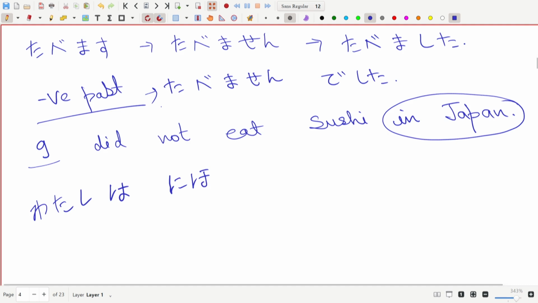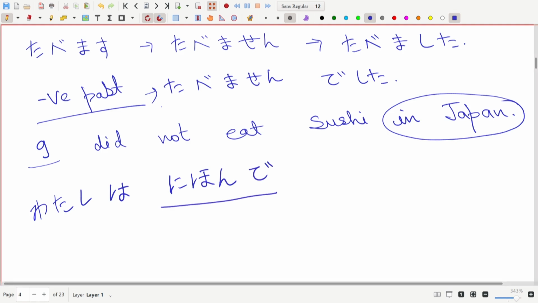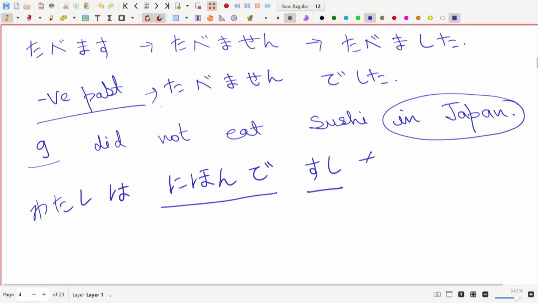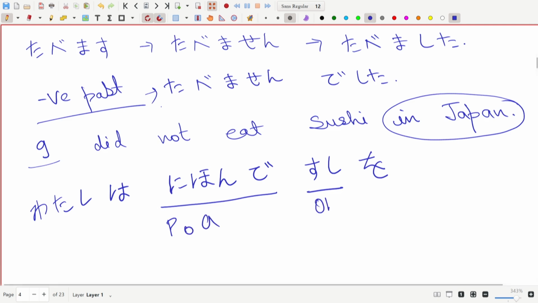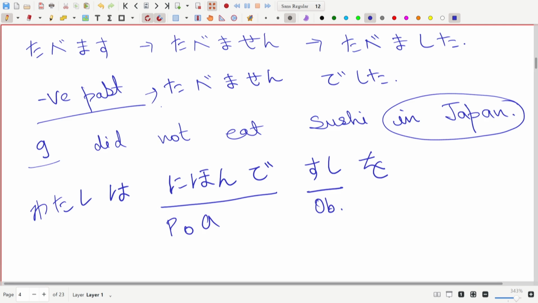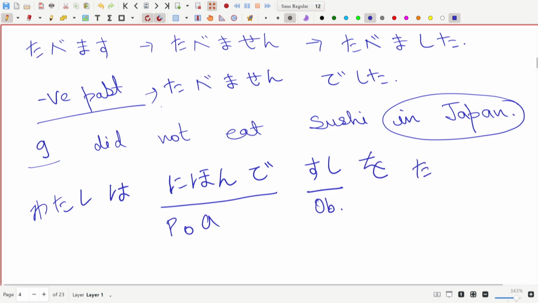Nihon, place of action, particle de. Watashi wa Nihon de sushi. Object, object particle o. So this is the place of action, this is the object, and the verb is tabemasu. It will change into tabemasen deshita.